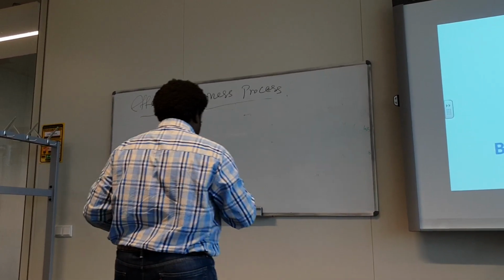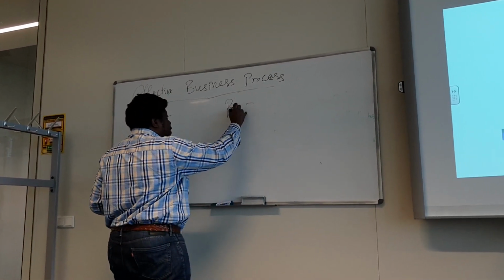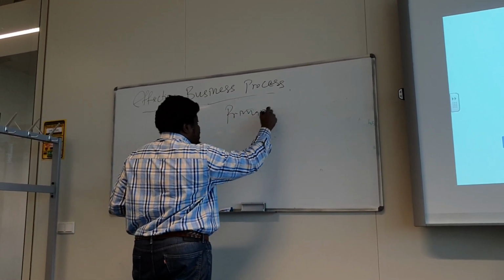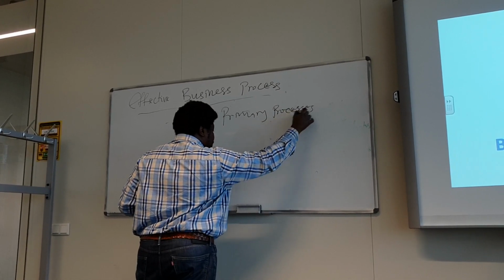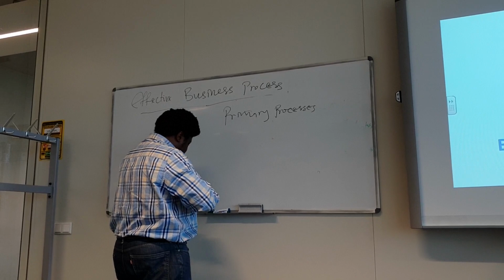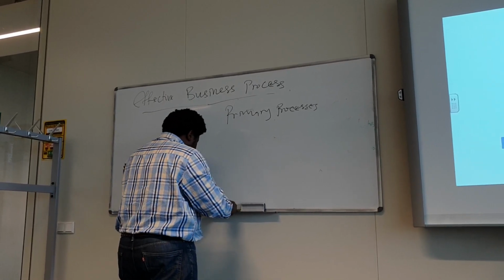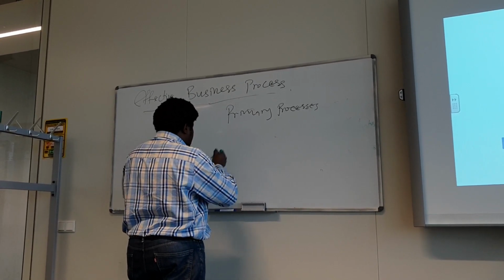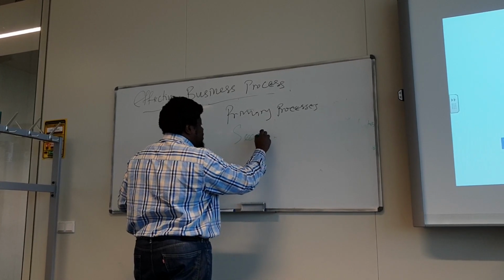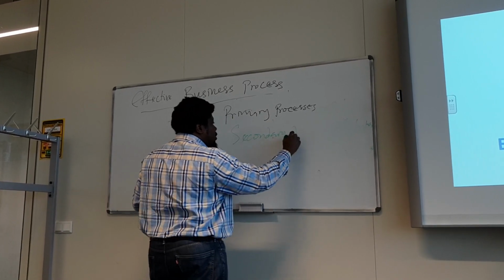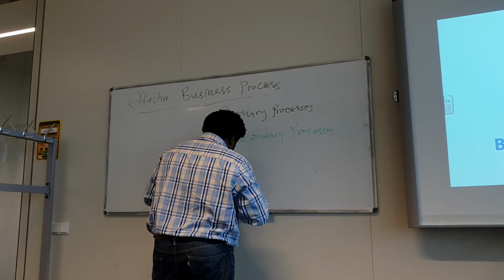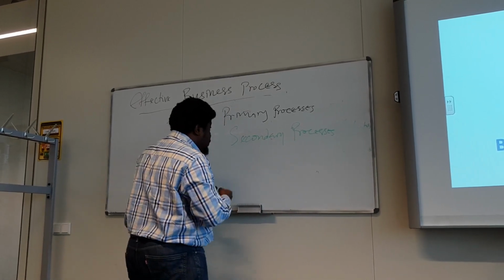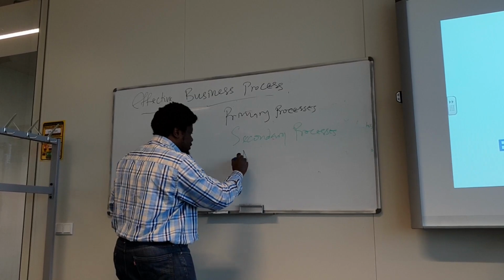So business processes could be primary processes, could be secondary processes, and lastly could be administrative processes.